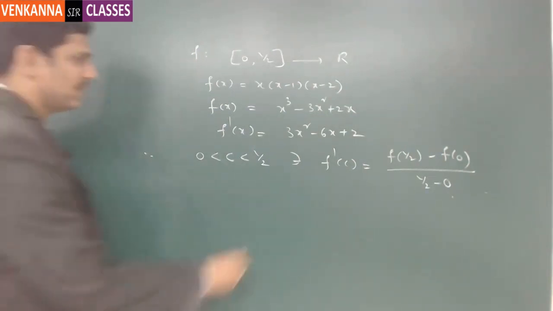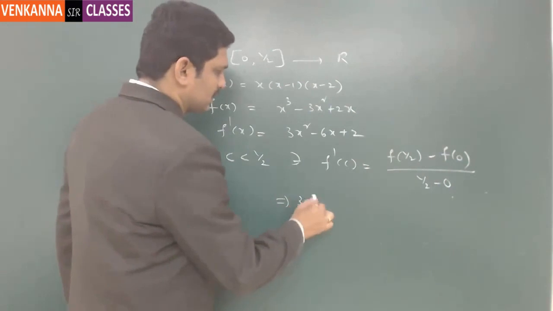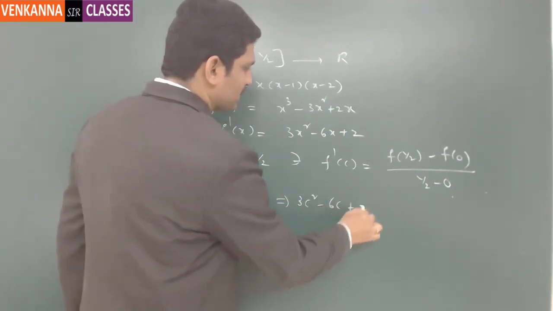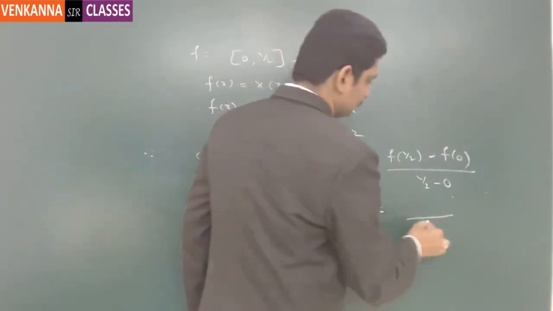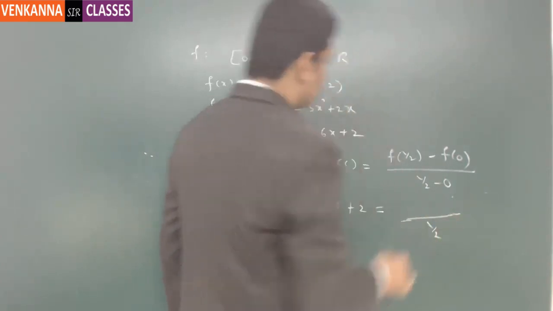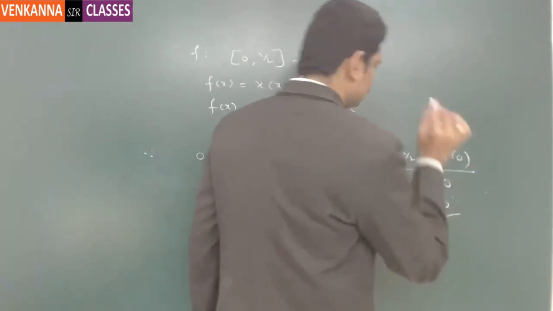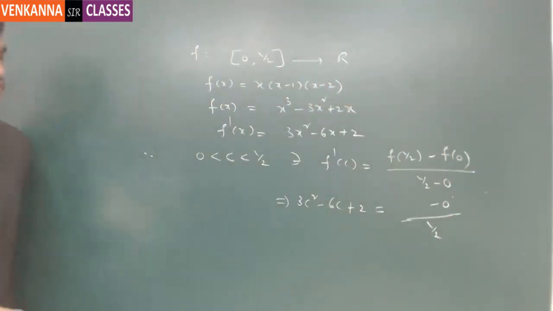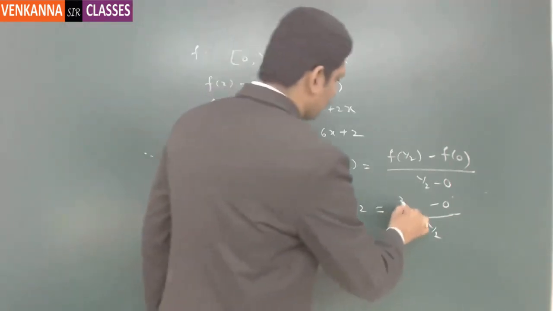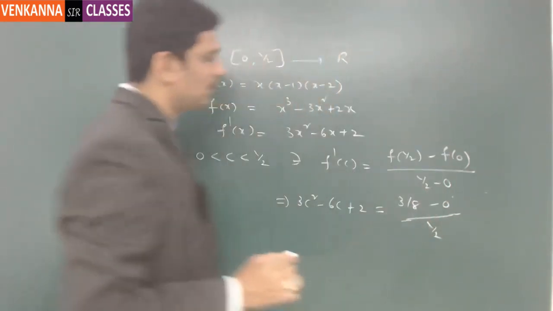So, 3c square minus 6c plus 2 is equal to, you give the values of f of 0 as well as f of 1 by 2. What will be the value of f of 1 by 2? Is that 3 by 8? And f of 0 is 0.